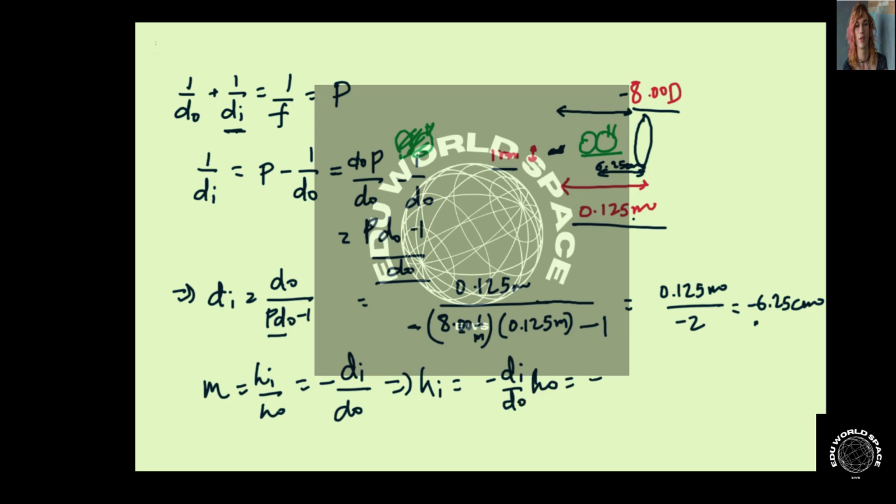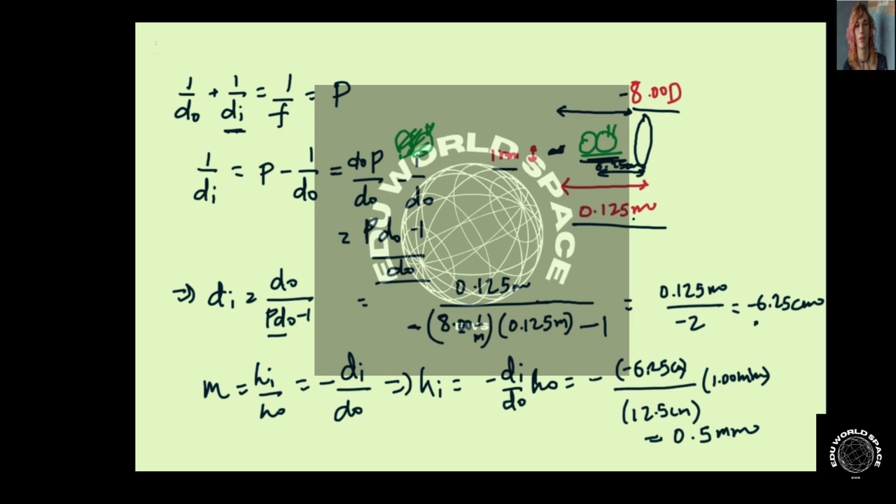So that is minus the image distance, minus 6.25 centimeters, divided by the object distance, 12.5 centimeters, times the height of the ant, which is 1.00 millimeters, which gives us half a millimeter. And notice that it is positive, which is because the image is upright.